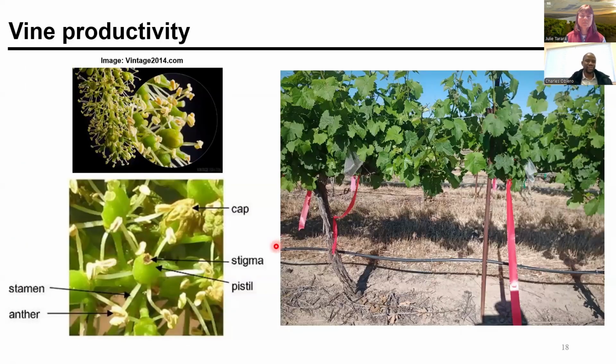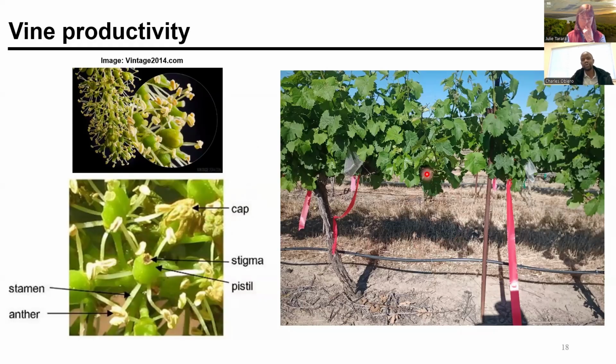Then looking at vine productivity, the flowers are very unique in that each flower has a cap. With this cap, we can count how many flowers are in that flower cluster.